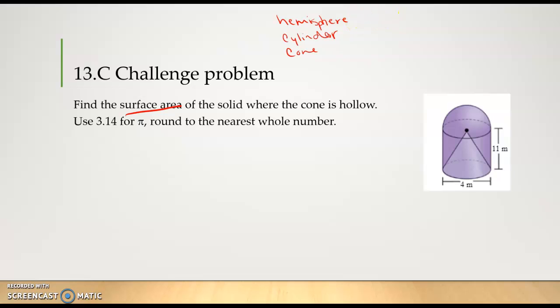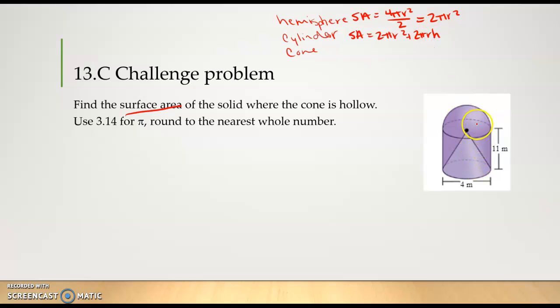A hemisphere is just the straightforward surface area of the sphere, so 4 pi r squared, but then you divide that by 2, so a hemisphere would just be 2 pi r squared. And then for a cylinder, our surface area formula is normally 2 pi r squared plus 2 pi r h.